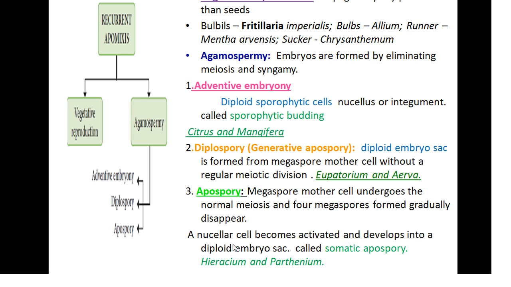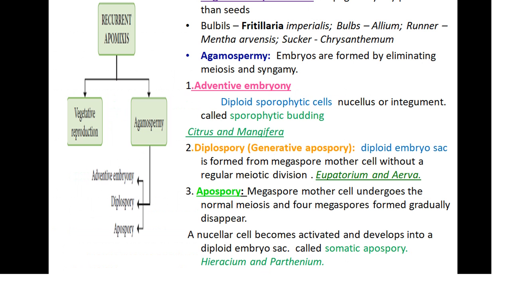So here also it is a diploid embryo sac. All are diploid embryo sacs only. You can analyze and read it so that you can easily keep it in mind. This is called somatic apospory. Examples: Hieracium and Parthenium.